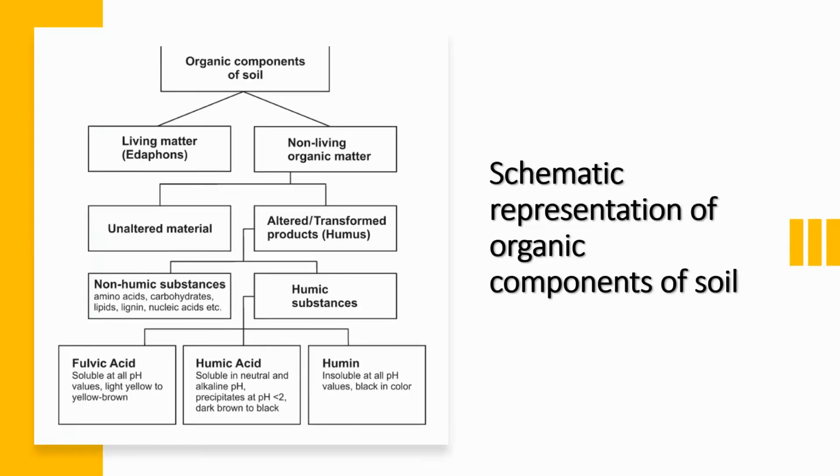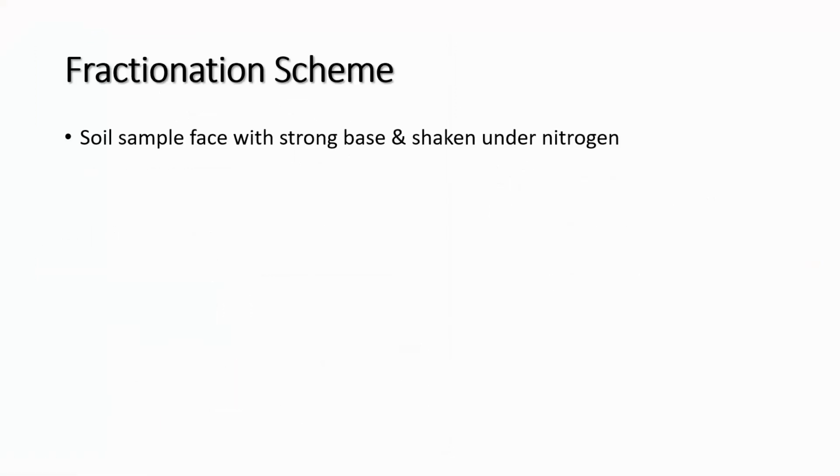Now if we fractionate the organic matter components, such components we just studied in the previous slide, how will we do this? We will have a simple protocol: you take the soil sample, you add a strong base, which has the higher pH.